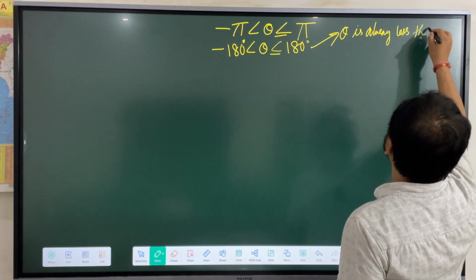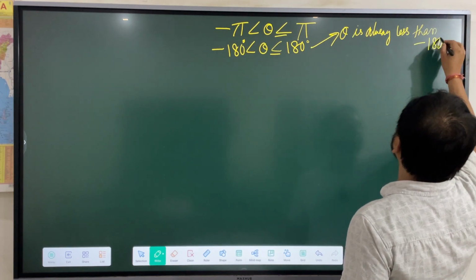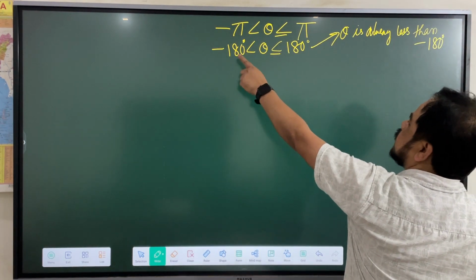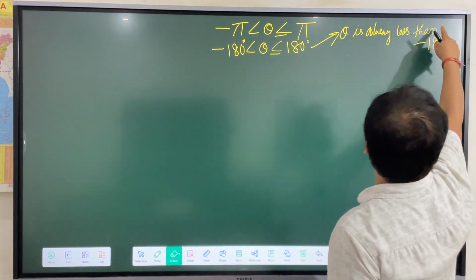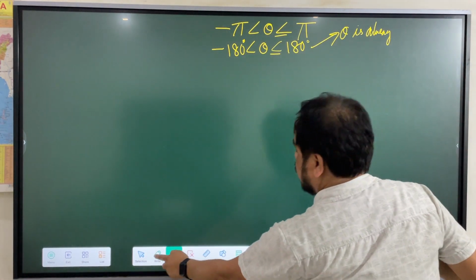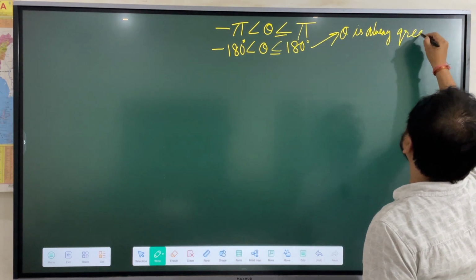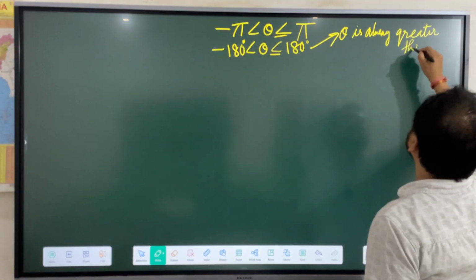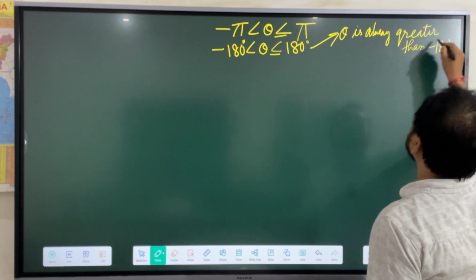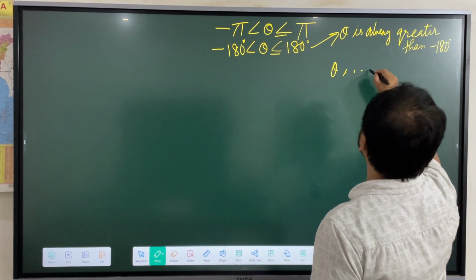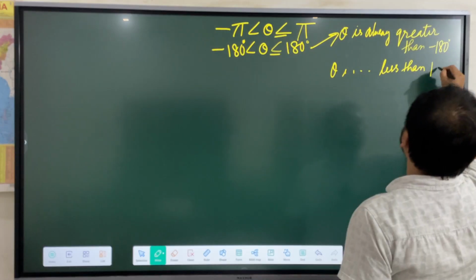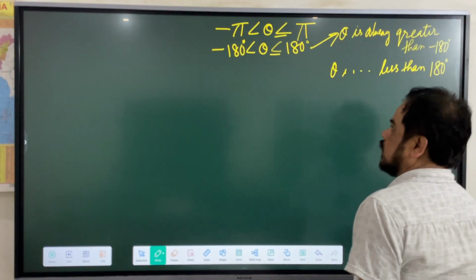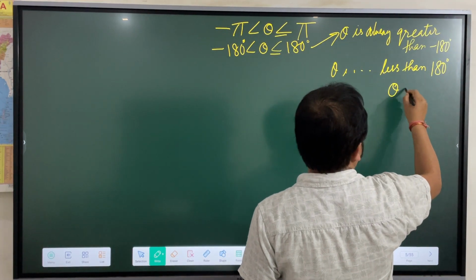Theta will always be greater than minus 180 degree, and theta is always less than or equal to 180 degree.